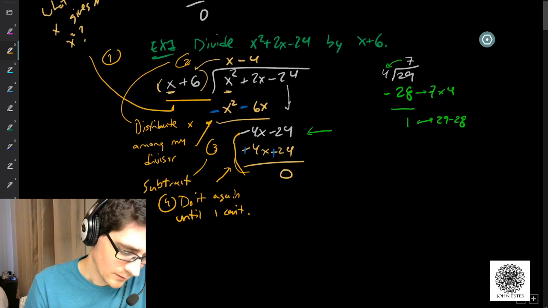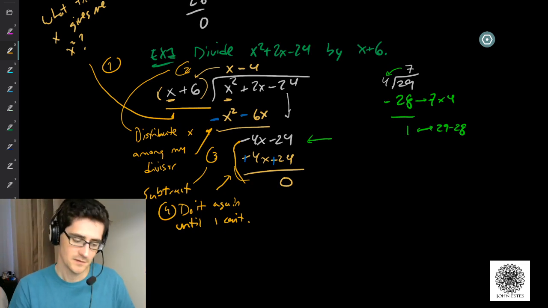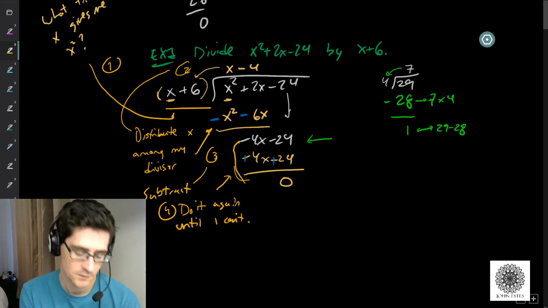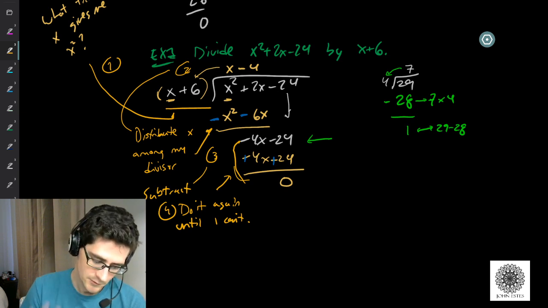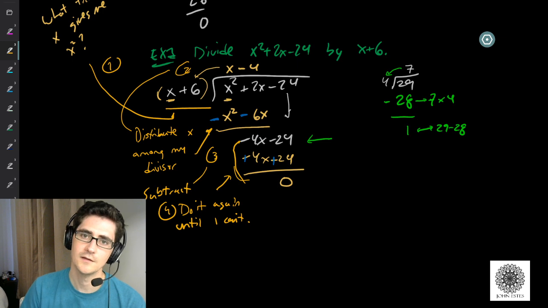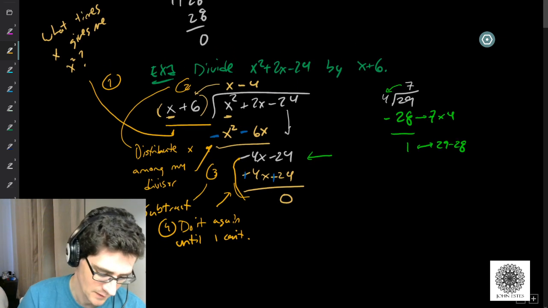So again, you first ask what times x gives you x squared, or whatever the first term is. You take whatever that value is, you distribute it along your divisor, then you subtract, and then if you can, you run it again. You run it again until you can't any longer. And we couldn't because we had 0. We had to stop.